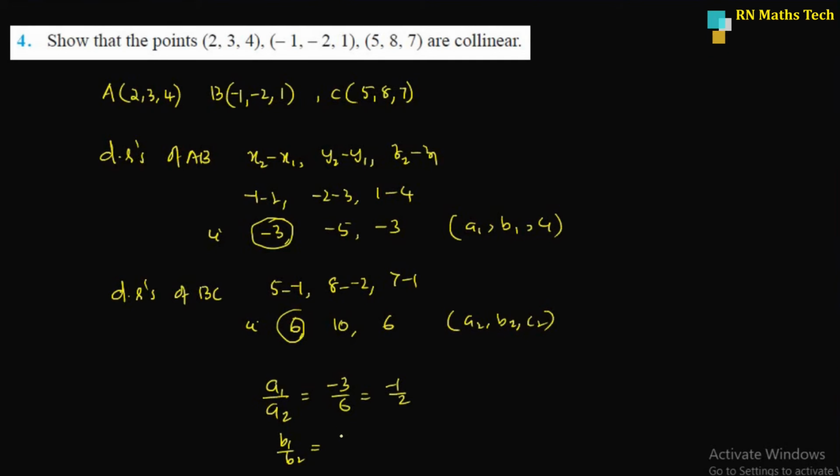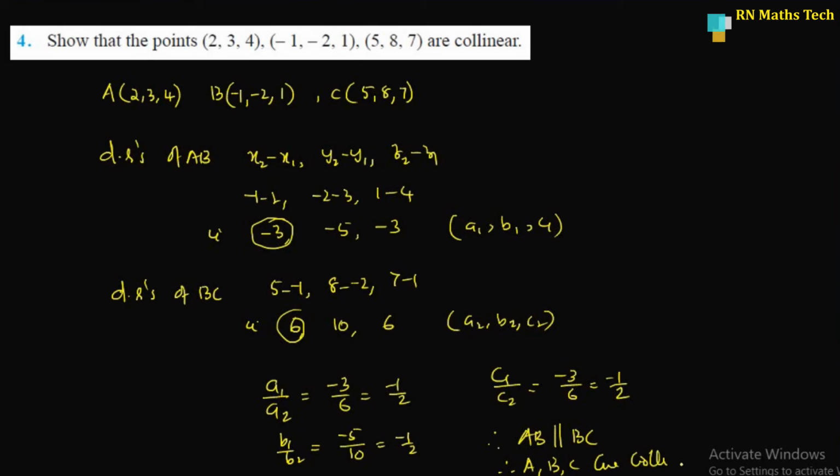B1 by B2 equal to minus 5 by 10, that is minus half, and C1 by C2 is equal to minus 3 by 6, which is also minus half. Since these direction ratios are proportional, therefore AB parallel BC, and B is the common point, therefore A, B, C are collinear.